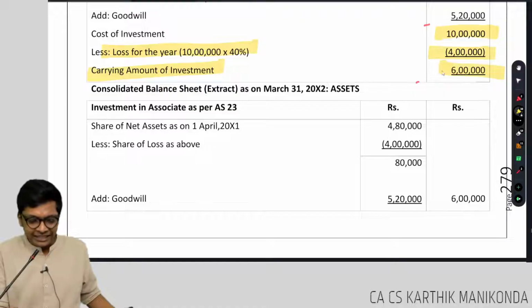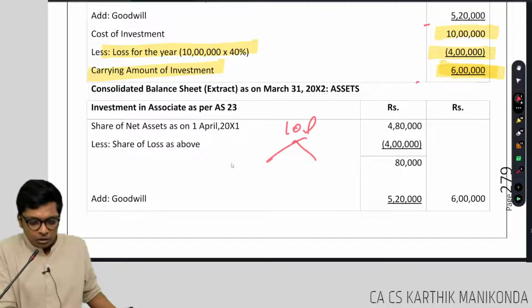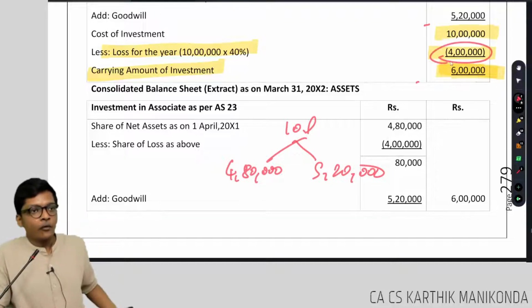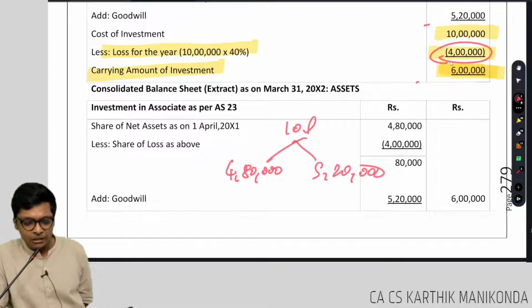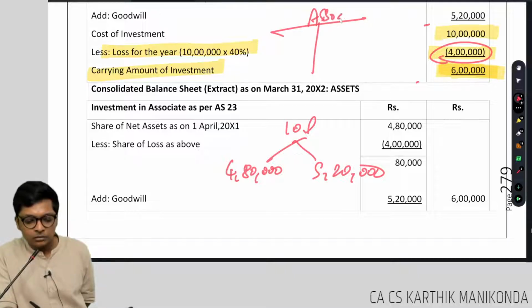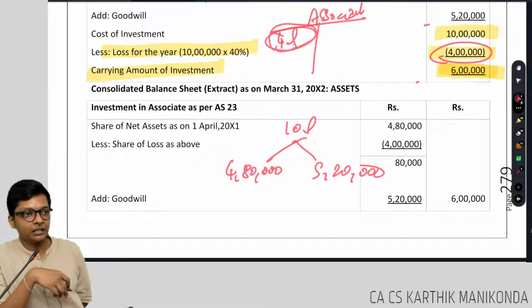Now this 6 lakhs, what he is doing, he is showing breakup of 6 lakhs. We had this 10 lakhs had a breakup of what? 4 lakh 80 and 5 lakh 20. My loss is 4 lakhs. What he is saying, if you look at the balance sheet of associate, net assets is now a loss of 4 lakhs. Correct?